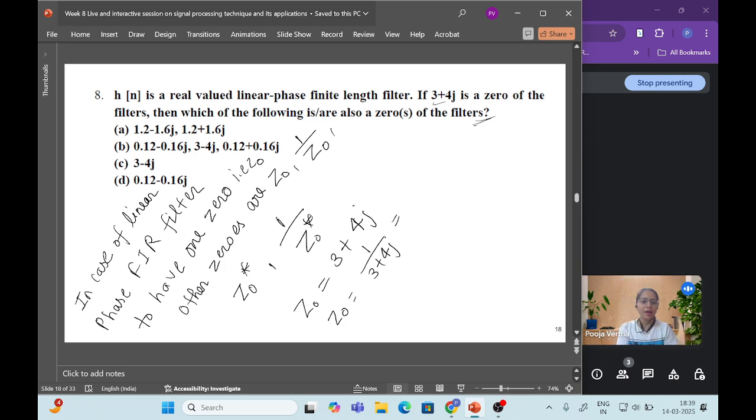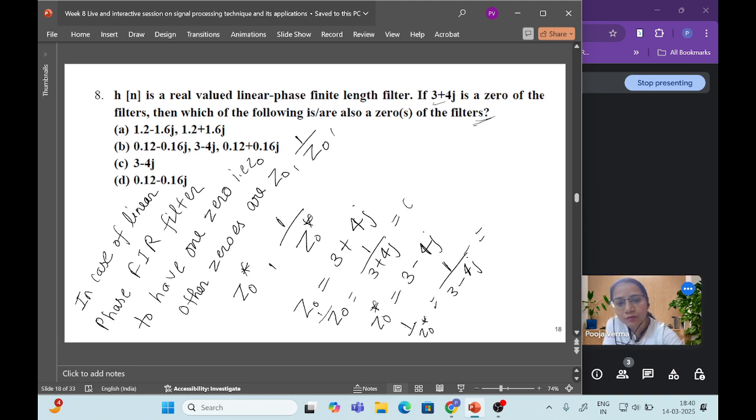Now parallelly you can calculate and tell me what will be the value of 1 divided by 3 plus 4j. Can you tell me? And then the other one is Z0 conjugate, that is 3 minus 4j, and 1 by Z0 conjugate, so it is 1 by 3 minus 4j. So can you calculate and let me know?